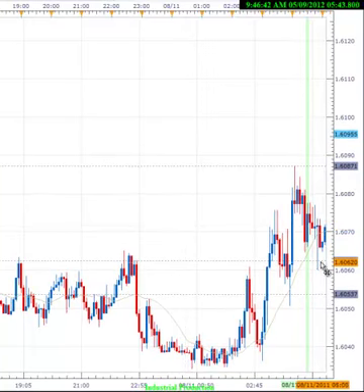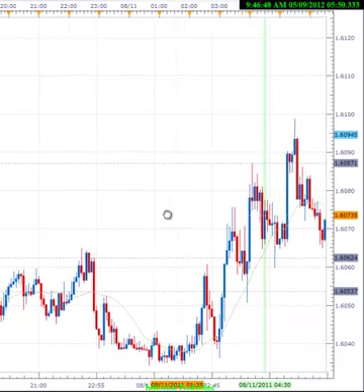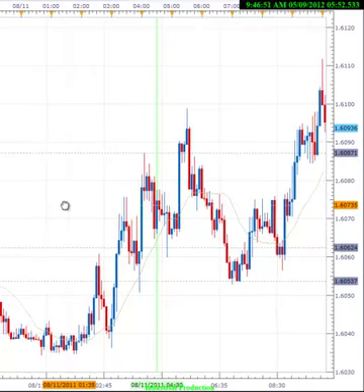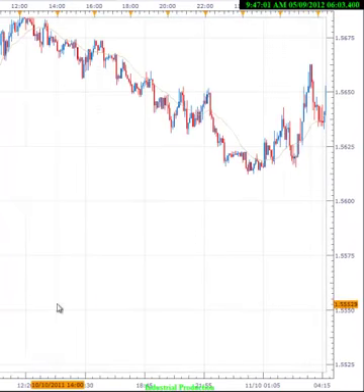I get an entry right here on this candle, and let's see what happens. So this is my entry long, and you see we could have made some decent gains.